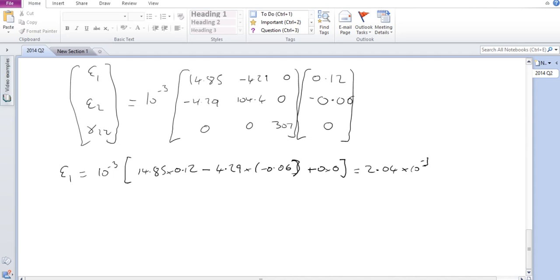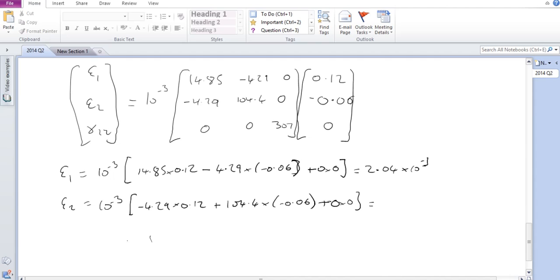We can then do the same for the strain in the 2 direction. So the strain in the 2 direction is 10 to the minus 3 times minus 4.29 times 0.12, plus 104.4 times minus 0.06, plus 0 times 0.